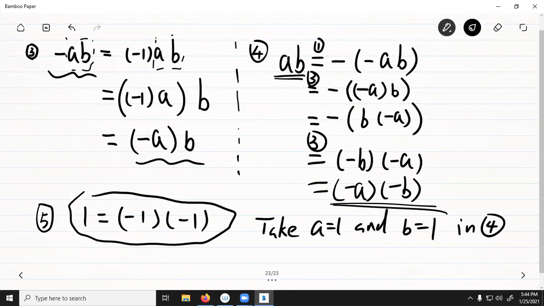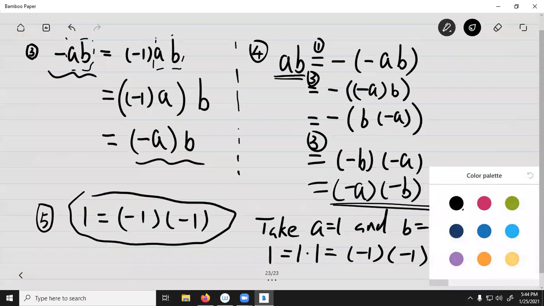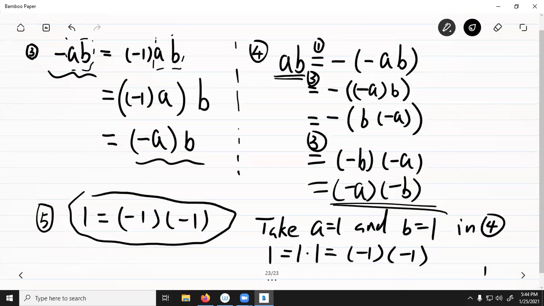Then you will have 1 times 1 equals negative 1 times negative 1. And 1 times 1 equals what? Equals 1, because 1 is the multiplicative identity, right? Okay, so this is the proof for these parts.